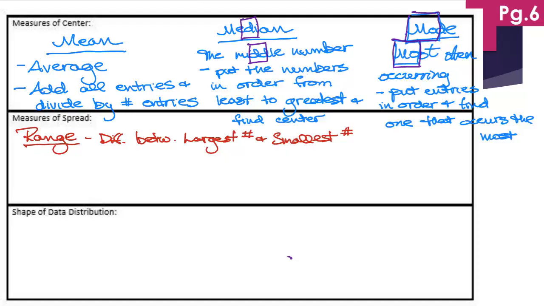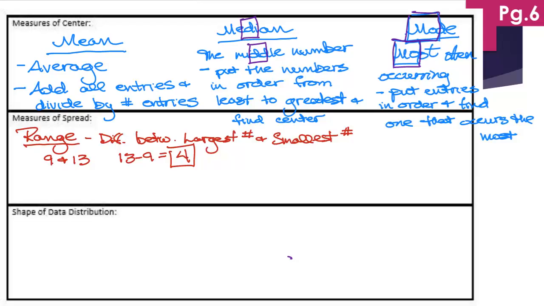So if I say, what's the range of 9 and 13? Okay, you would say 13 minus 9 is equal to 4. That is the range. I don't want you to put 9 to 13. It's the difference, the answer. Okay?